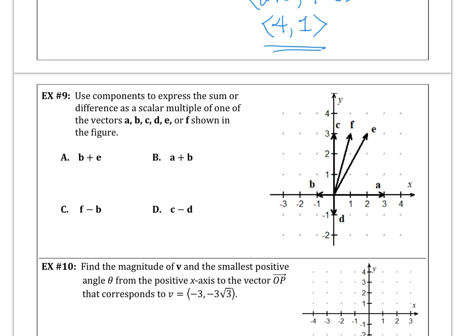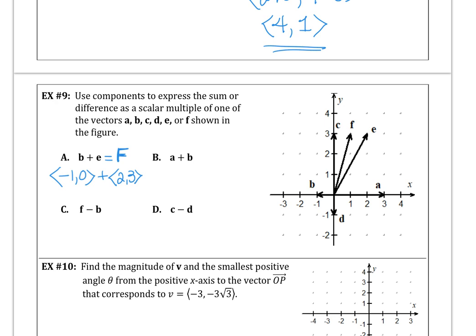Vector B is (-1, 0), and vector E is (2, 3). So what does that give us? (1, 3). (1, 3) is vector F. So B plus E is vector F.